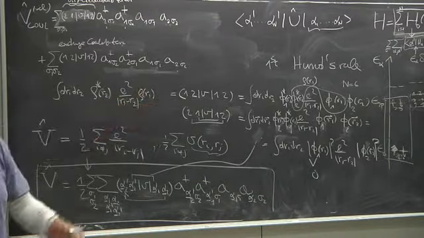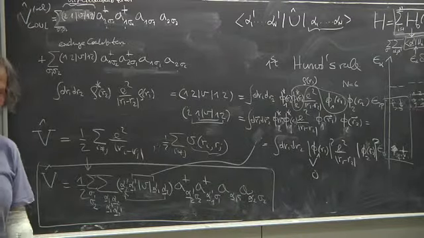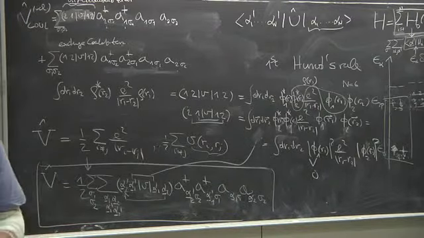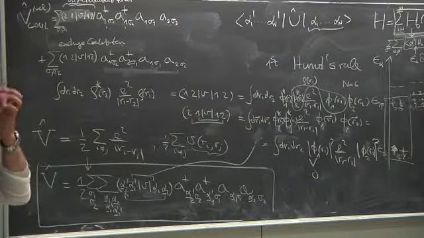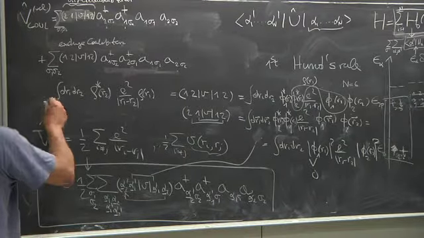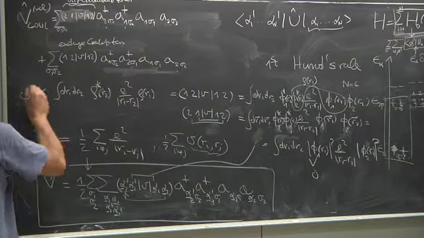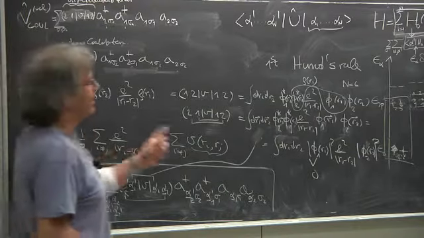Okay? Now, you might even question, will this be real or not? Will it be positive or negative if it is real? Well, you can show, and it's pretty simple to show, that this term here is real and positive. Okay? Although it's less trivial than this.